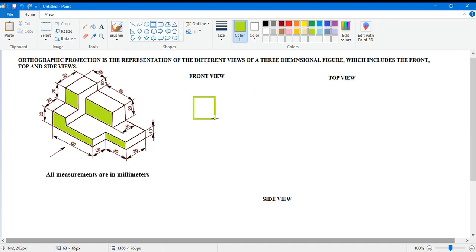So I will try it here more or less. This is one.